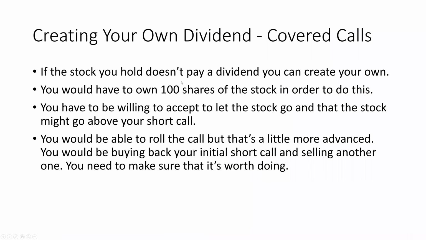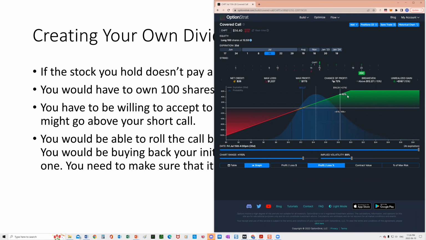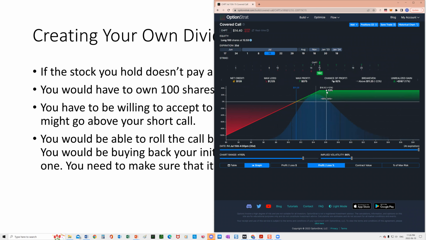There's a few things that you have to know and understand though. Okay, you have to be willing to accept to let the stock go, because if, say you sold the $15 call and it ran up past $15, well, you would be capped at $15 a share, which means at $15 a share, because by selling a call, you're short that call, which means somebody else can force you to sell it to them at that price.